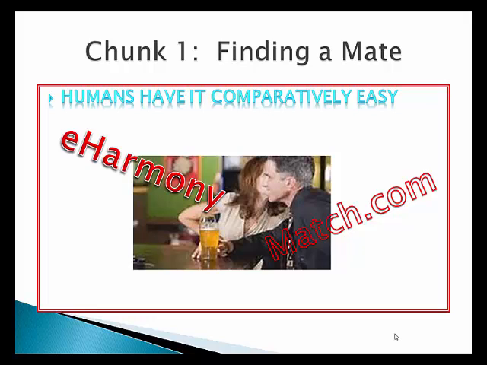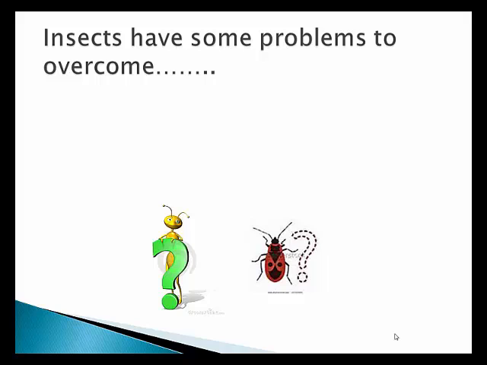And if you're human, you have even more options to find a partner in the proliferation of dating websites that promise to sort through all the variables available in humans and find you the one. Now consider the insect, and you've got a fairly formidable set of problems.